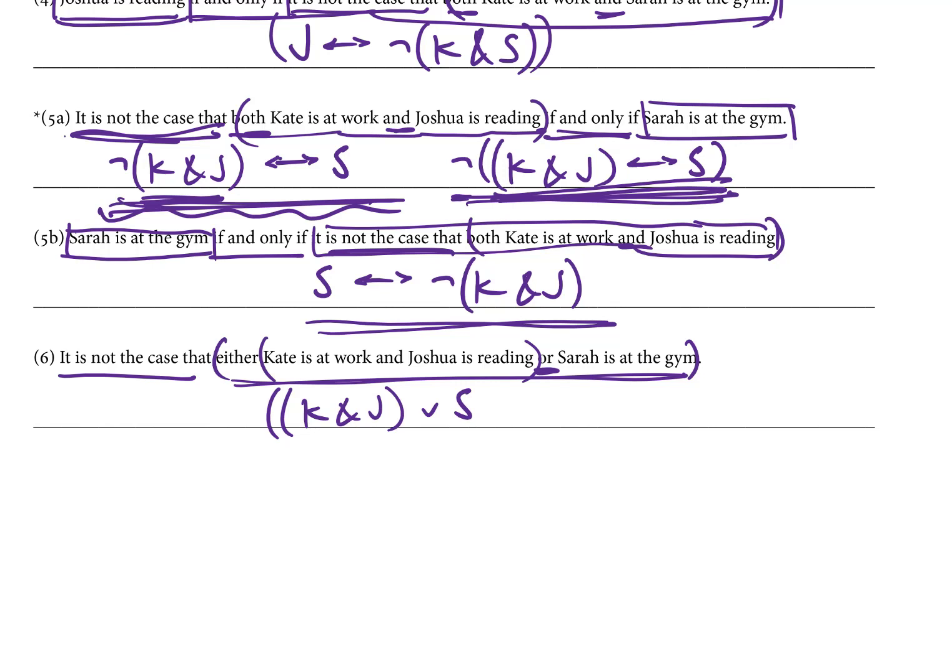Okay, and then we want to put parentheses around this whole thing and the not outside those outermost parentheses. Okay, so this works fine in number 6 because we're using a disjunction and we can indicate where the disjunction starts with this either. We can't do that for the biconditional, so that's why we ran into problems here for 5a, but that's just the way it goes.